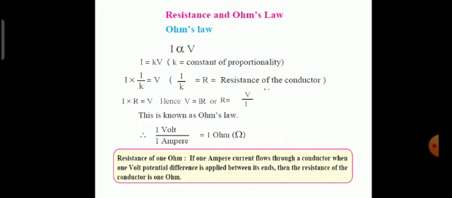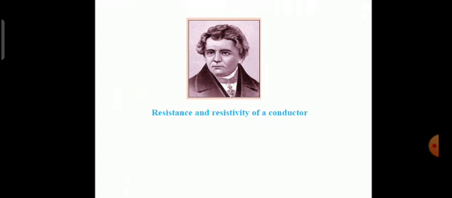Resistance and resistivity of a conductor. There are a large number of free electrons in a conductor. As we had seen earlier, unless the conductor is connected to an electric circuit, the electrons move randomly and are constantly in random motion.